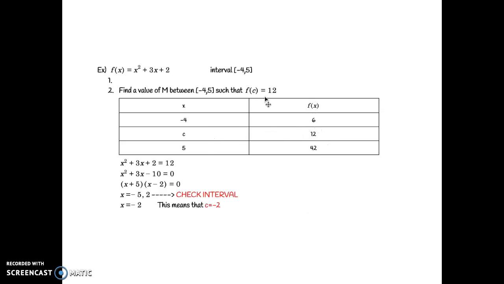So there must be a value of c in between. So we take the function and set it equal to 12, and we solve for the answer, and we get either negative 5 or 2, and it must be in between these intervals, so x must be equal to 2.